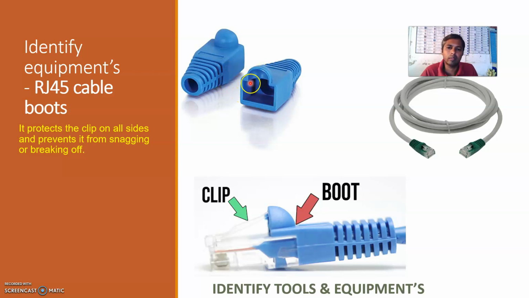This is our cable, and this is the point of the RJ45 connector. This is an RJ45 boot. And see this picture, all students. This is a clip, the RJ45 clip. This is a boot. It protects our RJ45 connector.